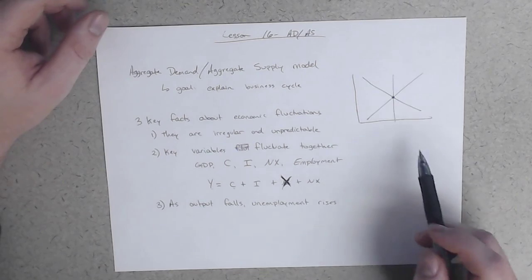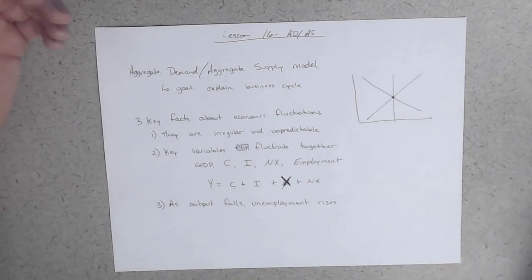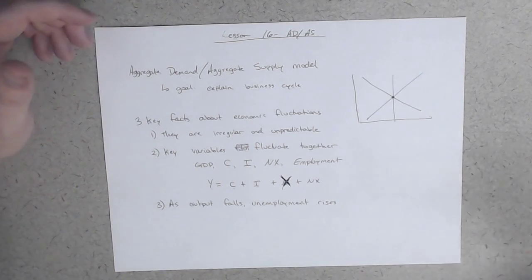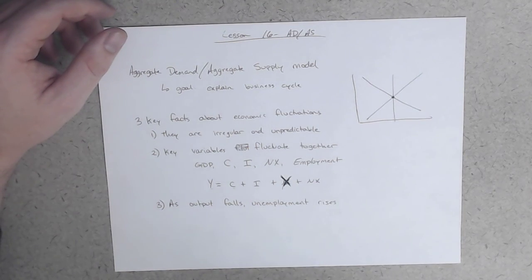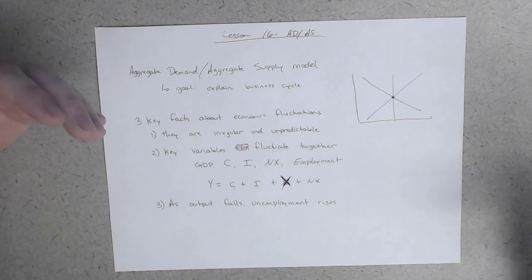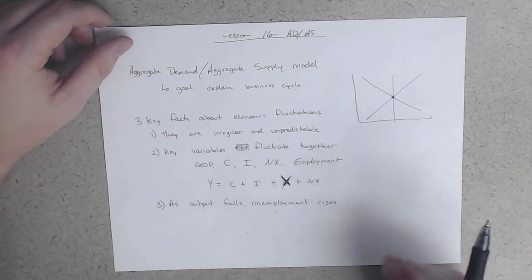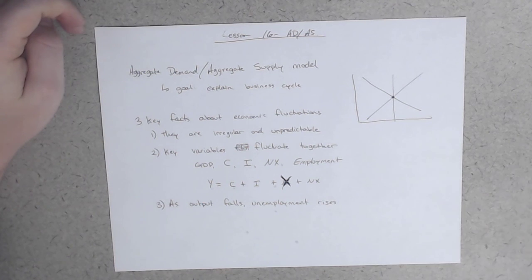And what that says is that as output falls, as we produce fewer things, unemployment is going to go up, right? And the reason why this happens is because when we're producing fewer things, companies and firms and businesses need fewer workers, and so they lay people off. And so that tends to increase the unemployment rate.